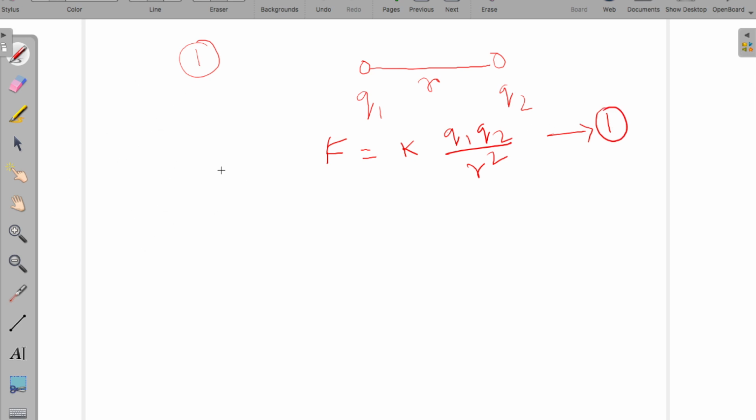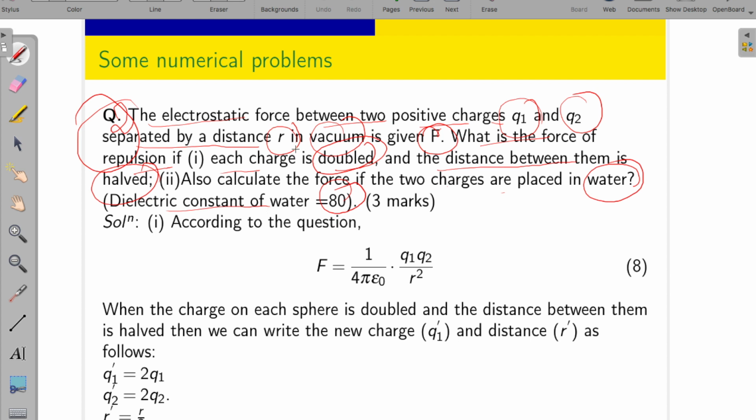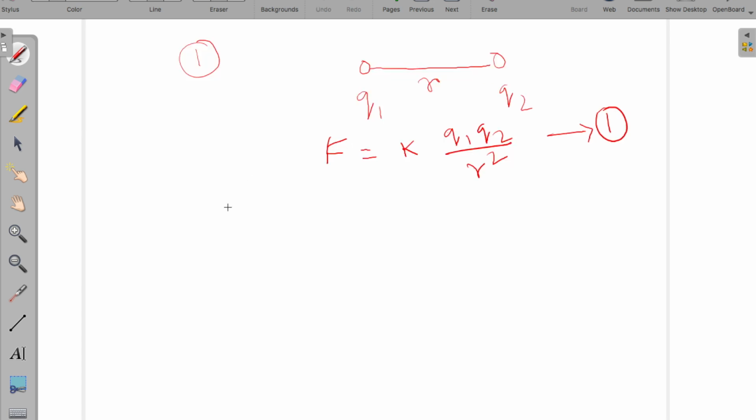Next point, it is given that the charge is doubled and the distance between them is halved. What will the force be?